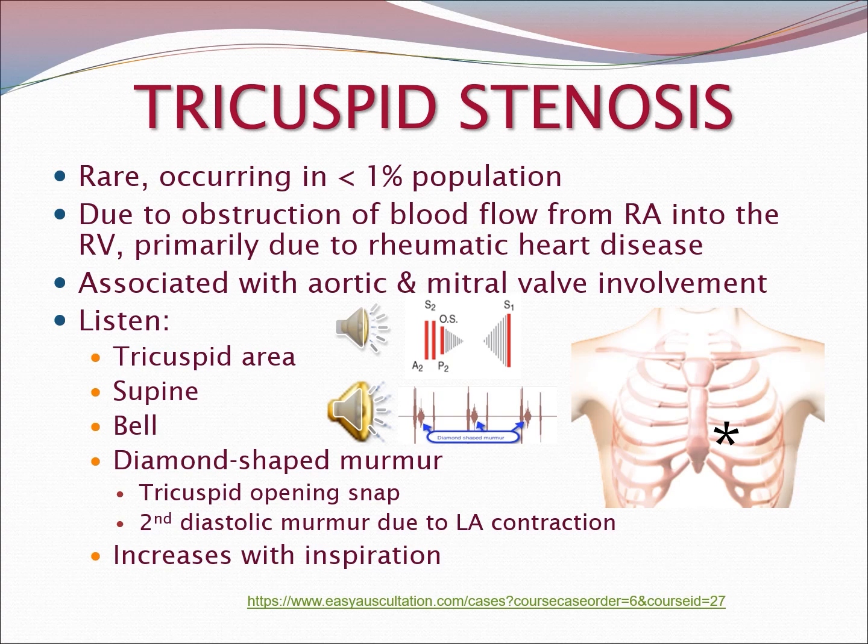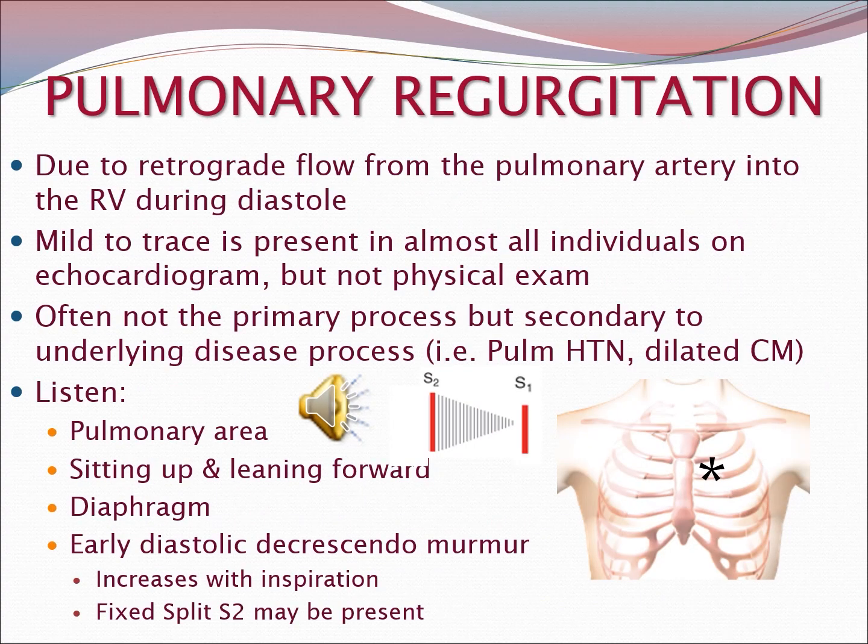Pulmonary regurgitation is due to retrograde flow from the pulmonary artery back into the right ventricle during diastole. Mild to trace is present in almost all individuals on echocardiogram, but not on the physical exam. It's often not the primary process, but secondary to an underlying disease process such as pulmonary hypertension or dilated cardiomyopathy.